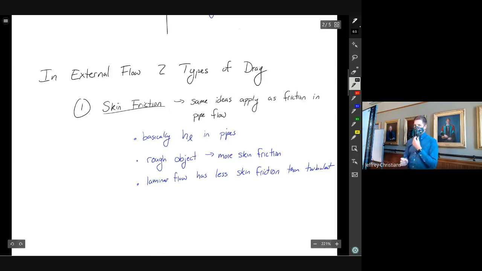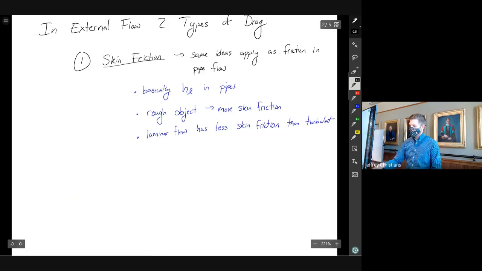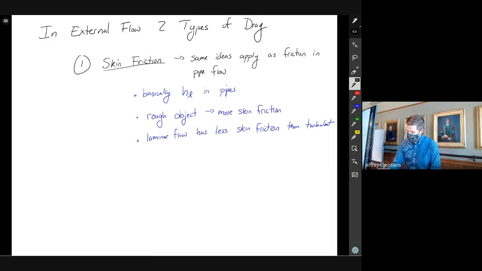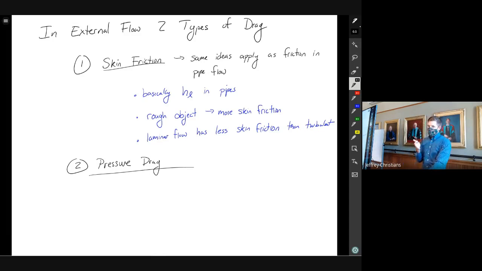The one that's harder to deal with, and the one that can be more counterintuitive, is the second one, which is pressure drag. Okay, pressure drag is the one where weird things happen. Skin friction kind of behaves as we think it should.